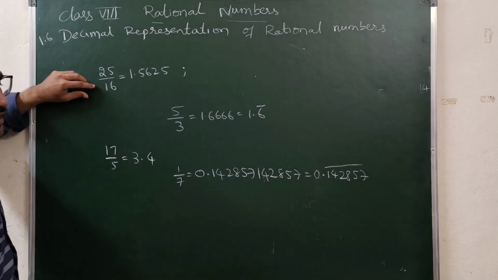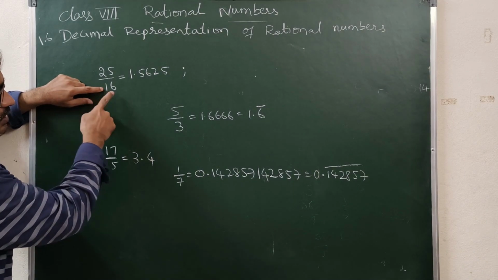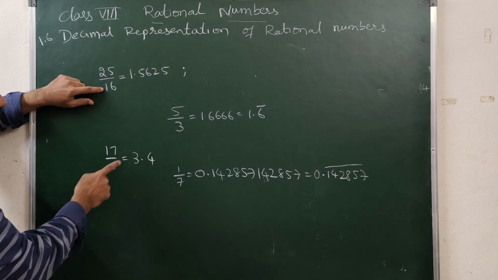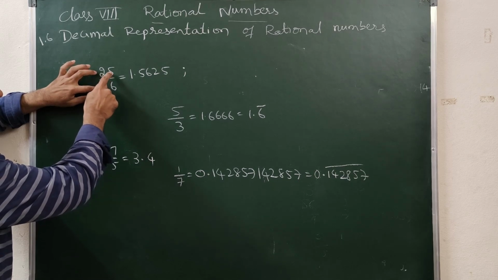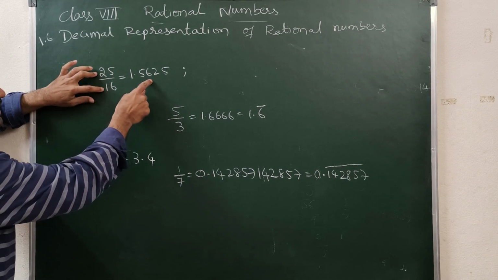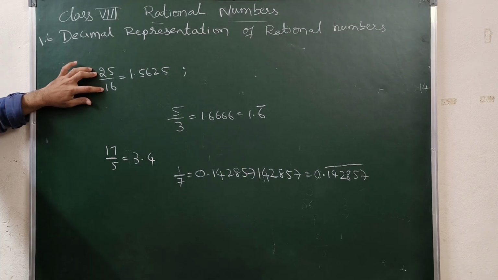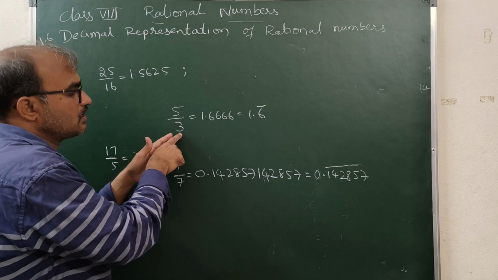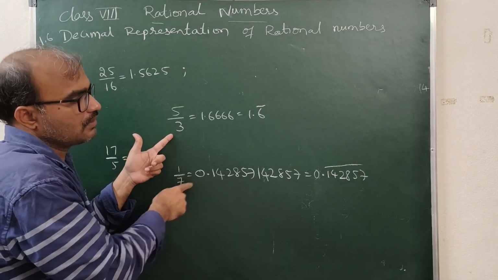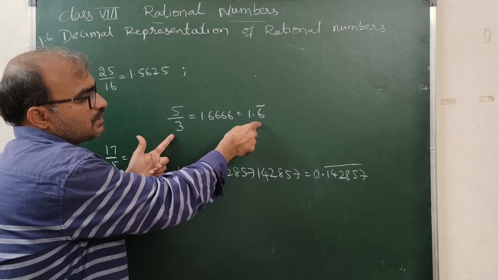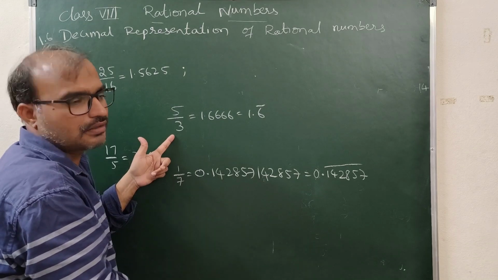If we observe here, the denominator is 16, here the denominator is 5. So the decimal representation of this fraction we got as terminating, and this also we have got as a terminating decimal. But when the denominators are 3 and 7, the decimal representation is not ending, right?